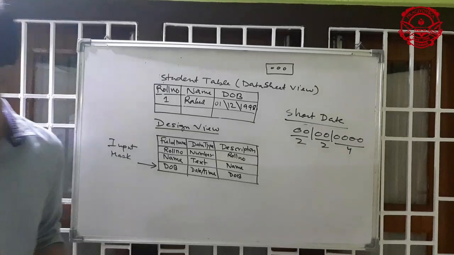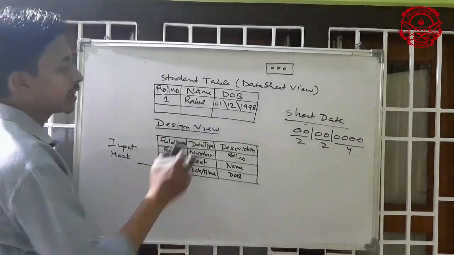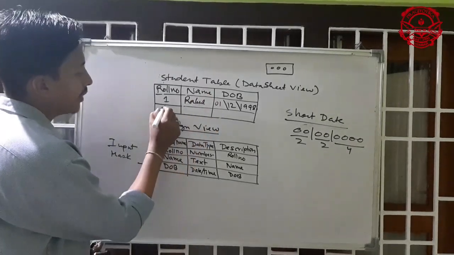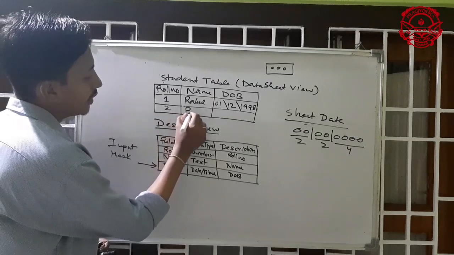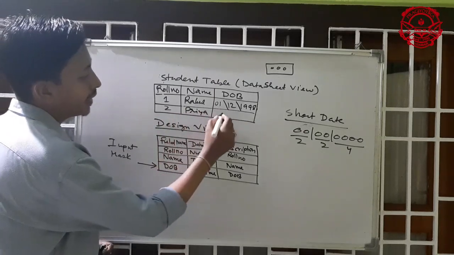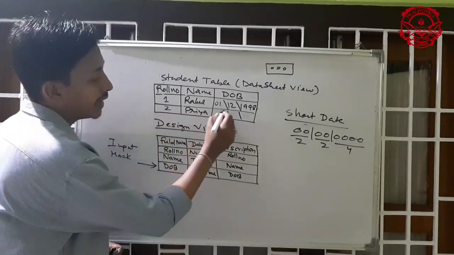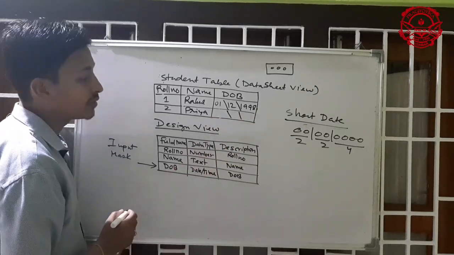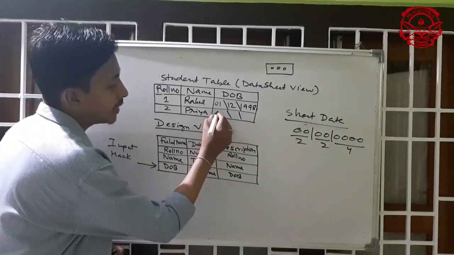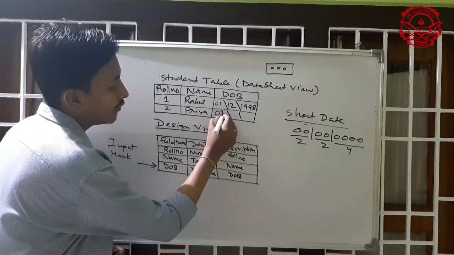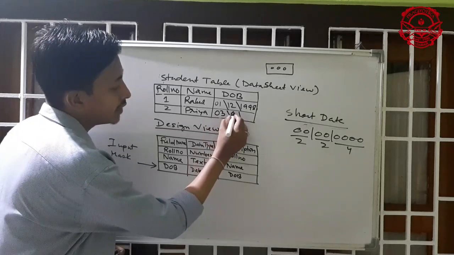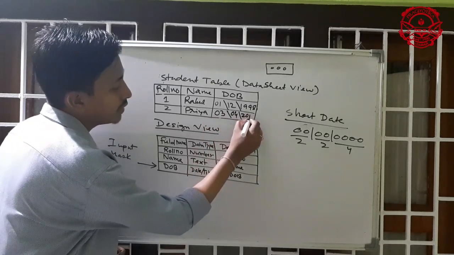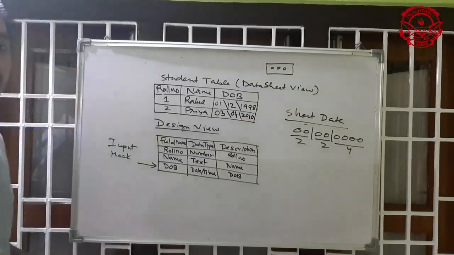In this way you can give the date of birth. Say example number 2, say Pia, and date of birth: again these symbols will come. You again give the month first, then the date, 04/2010.